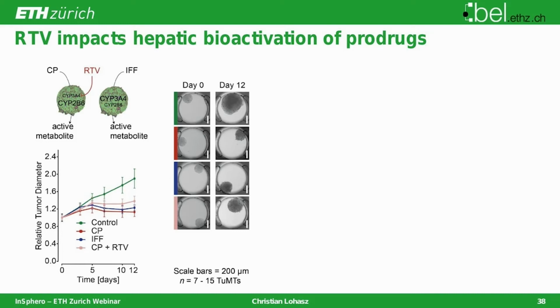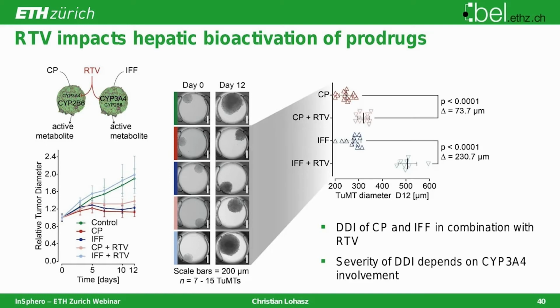Combining E-phosphamide with ritonavir, we saw that the anti-cancer activity of the prodrug was completely diminished, and the tumor microtissue could grow just as much as the control condition that did not experience any drug exposure. Statistical analysis of the 4 treatment conditions showed that we could indeed detect significant drug-drug interactions for both combination treatments when comparing them to the single drug treatment.